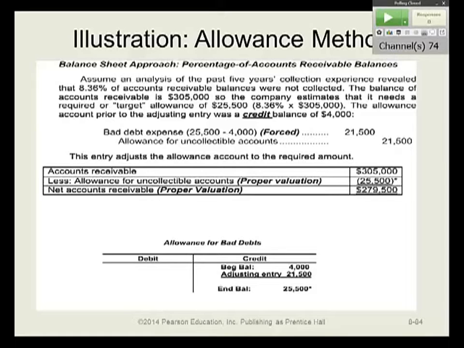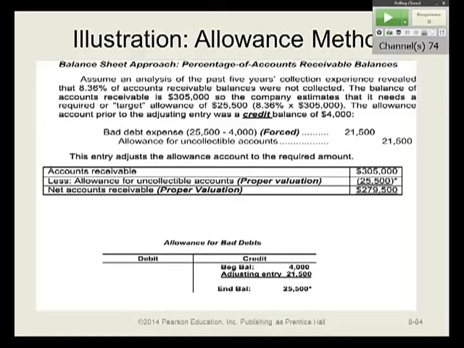On the allowance side, you have a balance of 25.5, I believe, right? Yep.